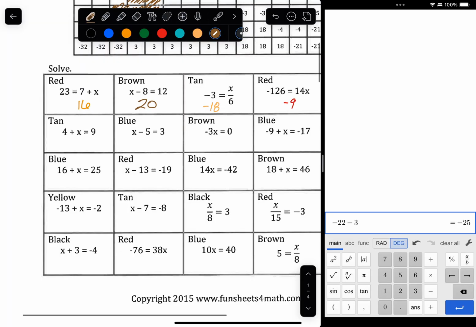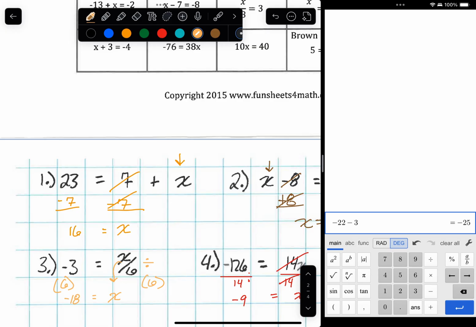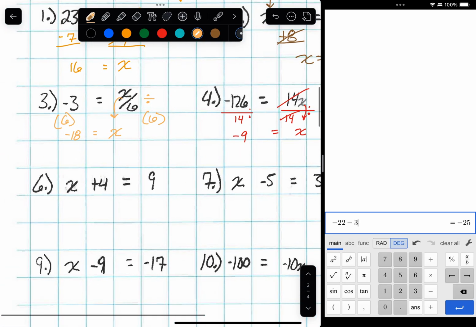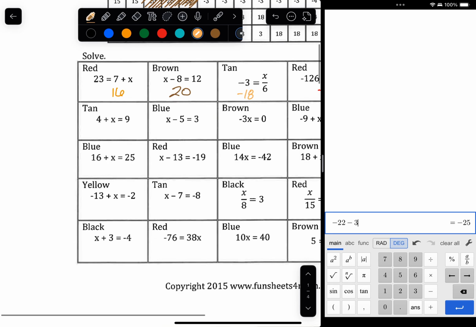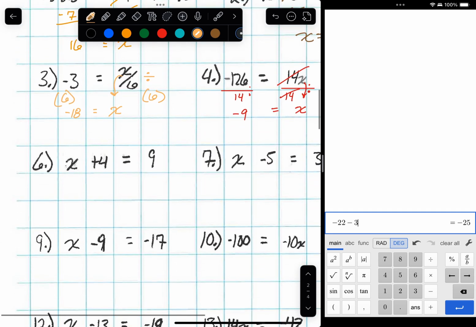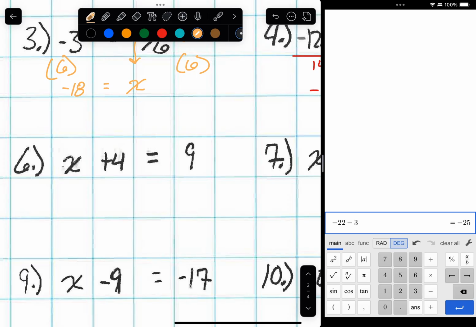4 plus x equals 9. I may have rewritten that for you to look more like what I'll put on the test. X plus 4 equals 9, but it is the same problem. It's just written with x in the middle. I like to put x on the edge, so it'd be x plus 4 equals 9. Find your x. What is happening to x?